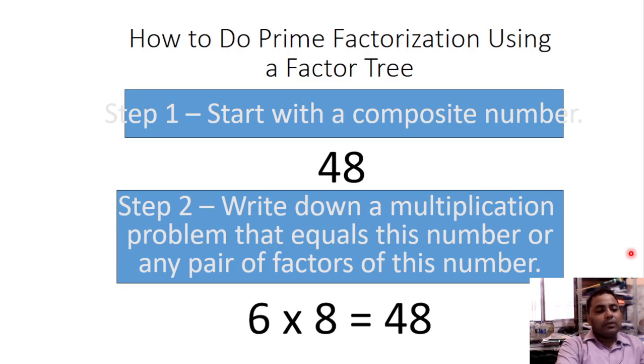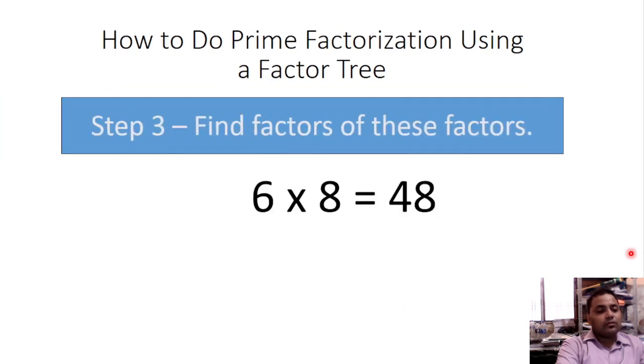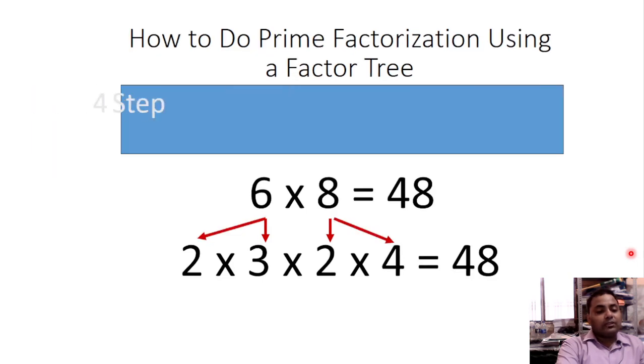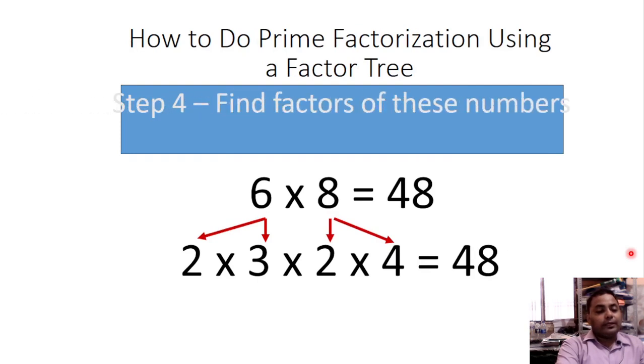Step 2: write down a multiplication problem that equals this number, or any pair of factors of this number, like 6 and 8. So 48 is the composite number, and 6 will be 2 times 3, and 8 will be 2 times 2 times 2. So 2 times 3 and 2 times 4, where 4 means 2 times 2, are the prime factors of 48.